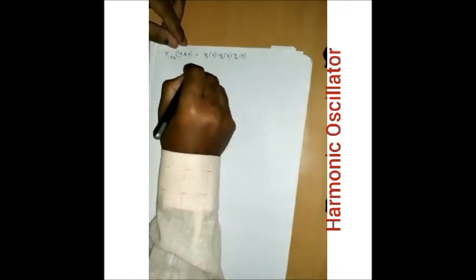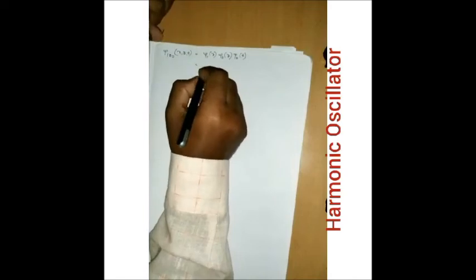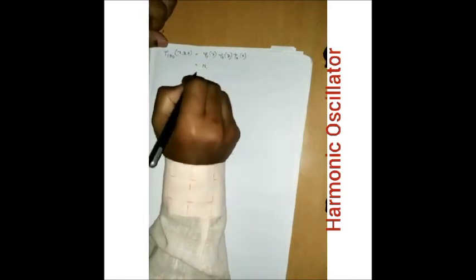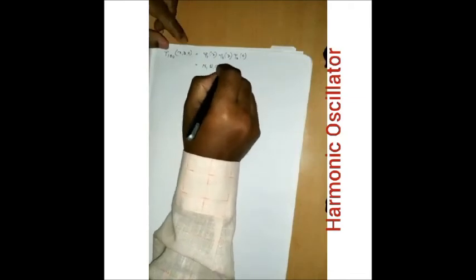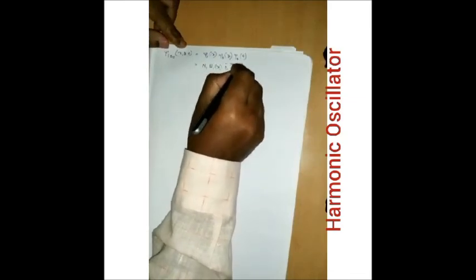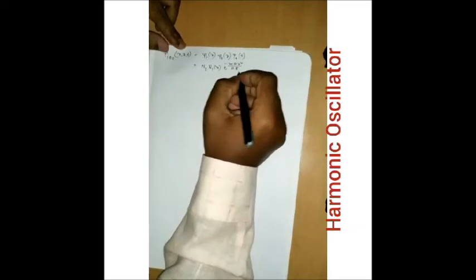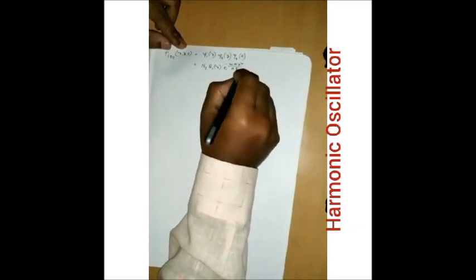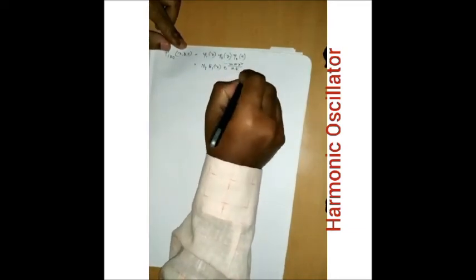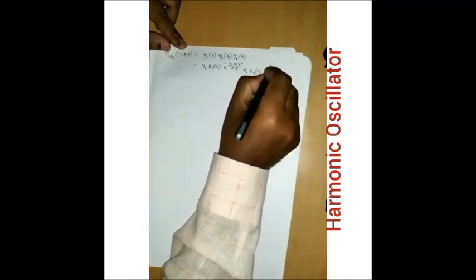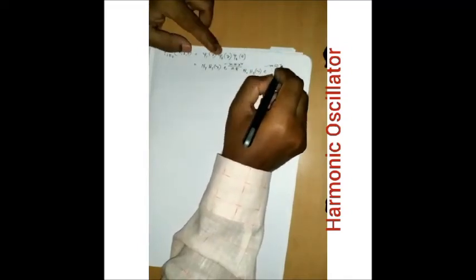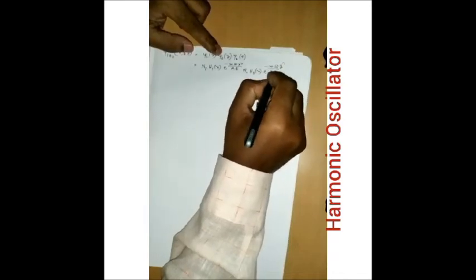Clear? Now what will be the value of psi 1 x? One normalization constant N1, H1 x, and e to the power minus m omega x square upon 2 h cut. For psi 0 y, normalization constant N naught, H naught y, and e to the power minus m omega y square upon 2 h cut.